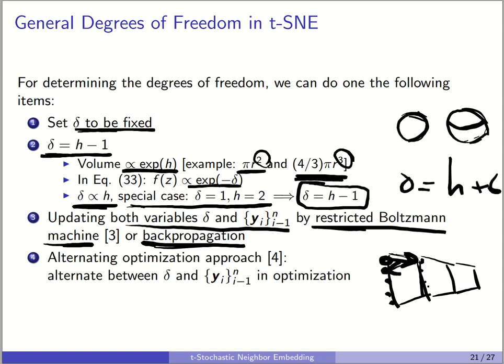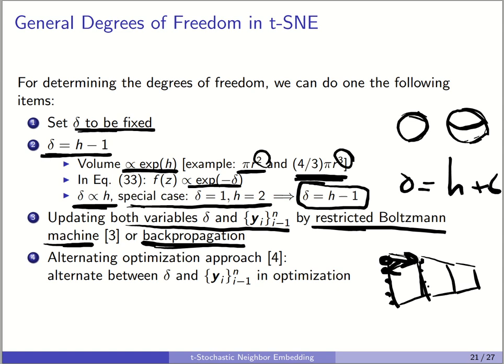This needs another lecture in order to explain restricted Boltzmann machine. But I can say to you that if you want to read more about it, you can search about restricted Boltzmann machine and deep belief networks. Using that or backpropagation, we can find both variables delta and y_i in order to find that in loss function.